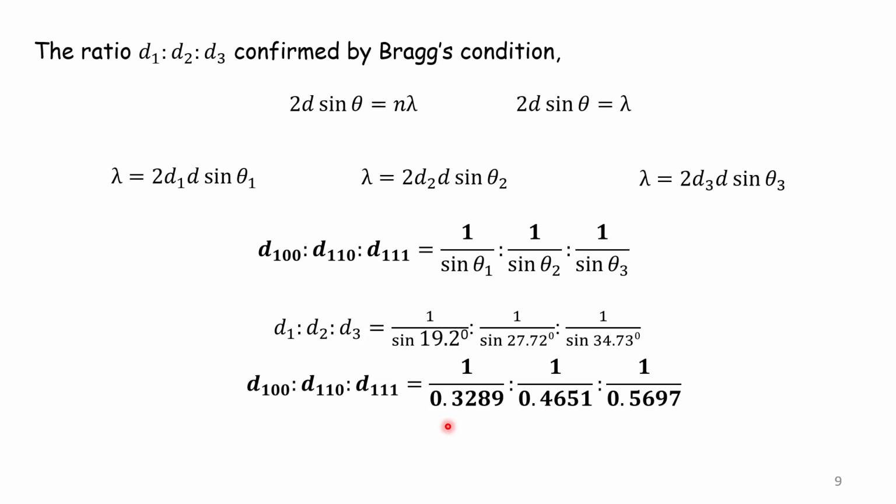By substituting the values of sin 19.2 degree, sin 27.72 degree and sin 34.73 degree, we get these values. Now we can write d1 : d2 : d3 is equal to 3 : 2.15 : 1.75.